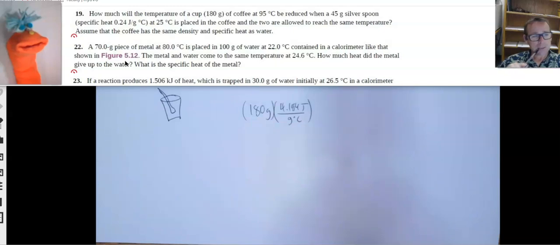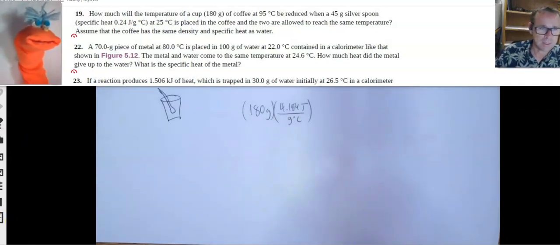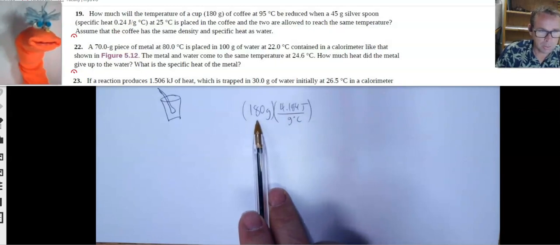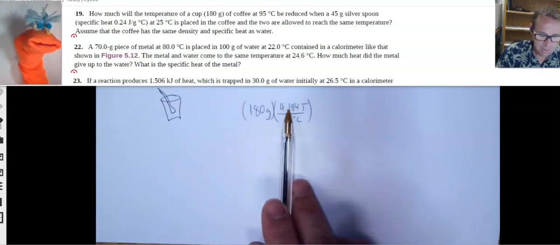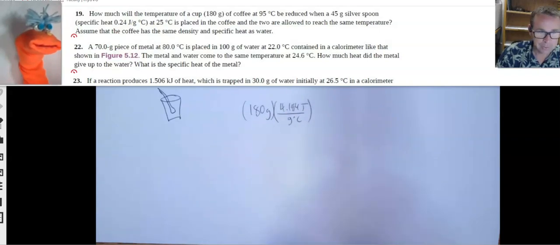Okay. So we need to figure out how much that silver spoon is going to absorb. So we can see that the cup of water, the coffee portion, right, has that mass and that many joules per every gram, right?